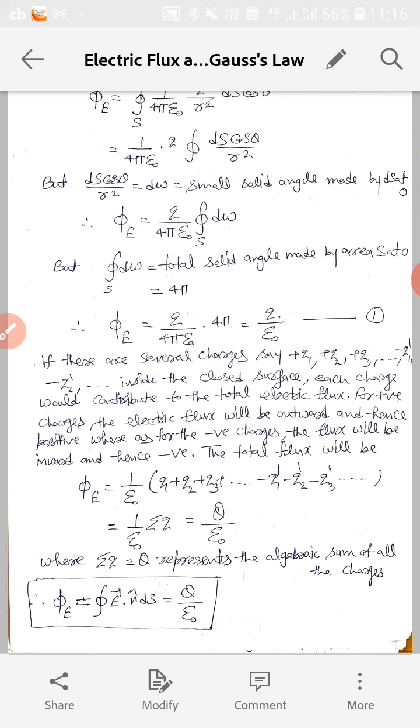So, see what we did in this lecture. First we defined the electric flux. How do we define that electric flux? It is the total number of electric lines of force crossing that surface. But how to calculate or measure that electric flux? That is given by this statement of Gauss law.